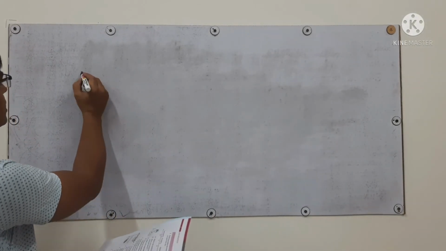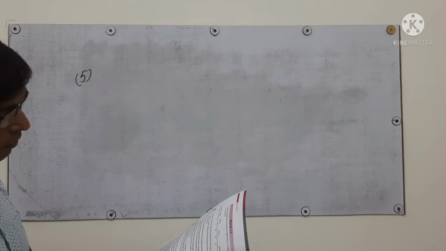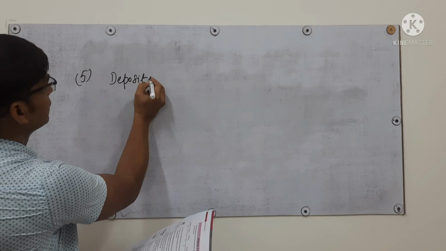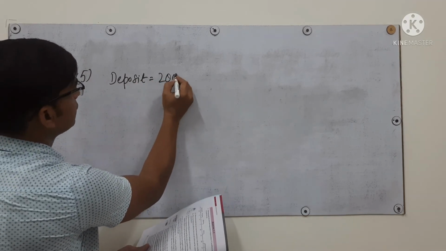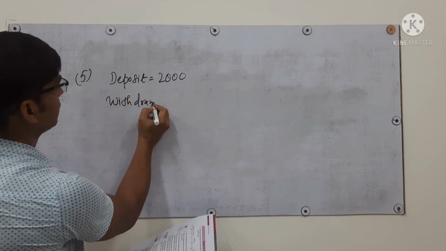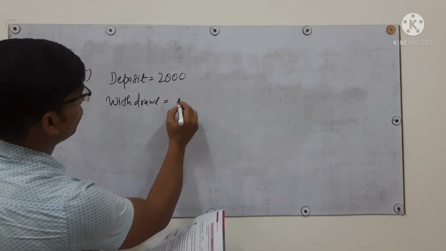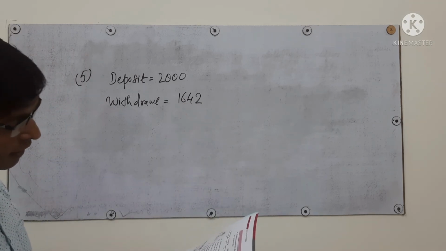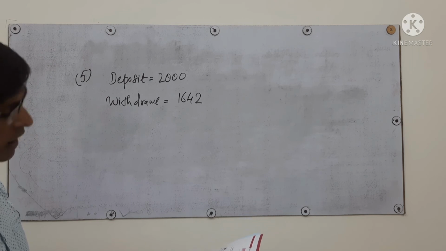Okay, it is just a simple question. The deposit amount is given, 2000, and the withdrawal amount is given, 1642. Here it is also given that the withdrawal amount from the account is represented by a negative integer.